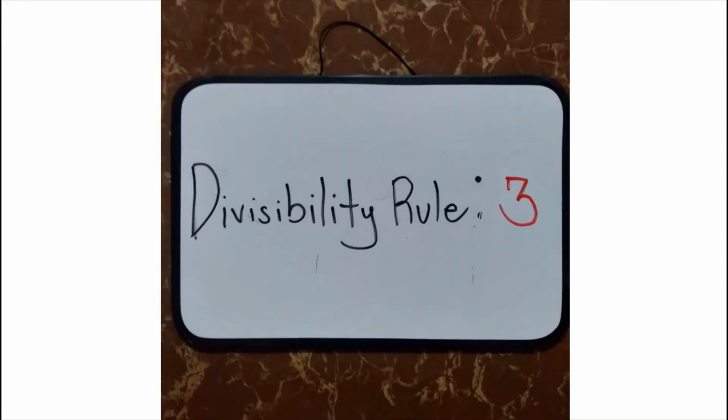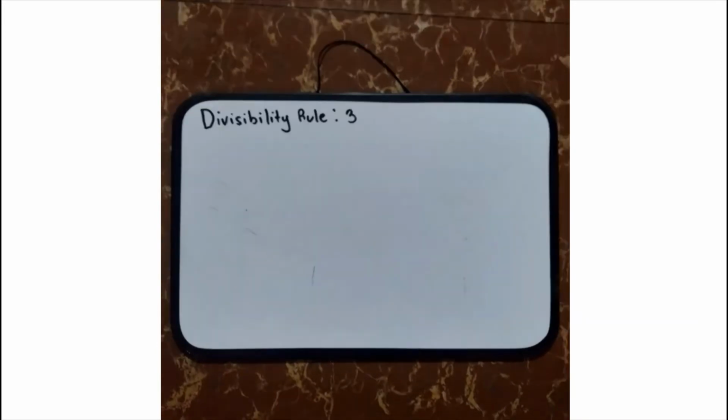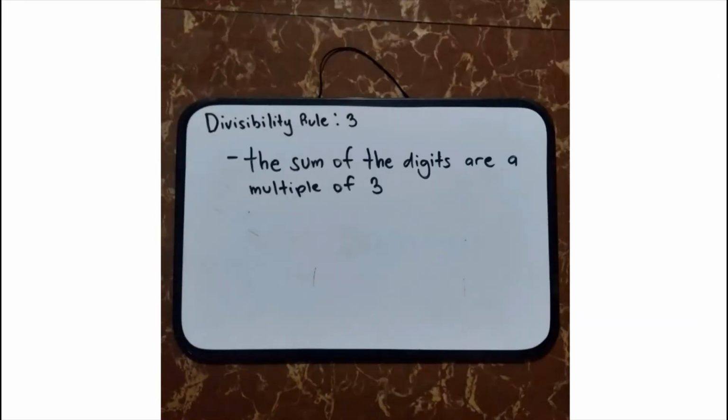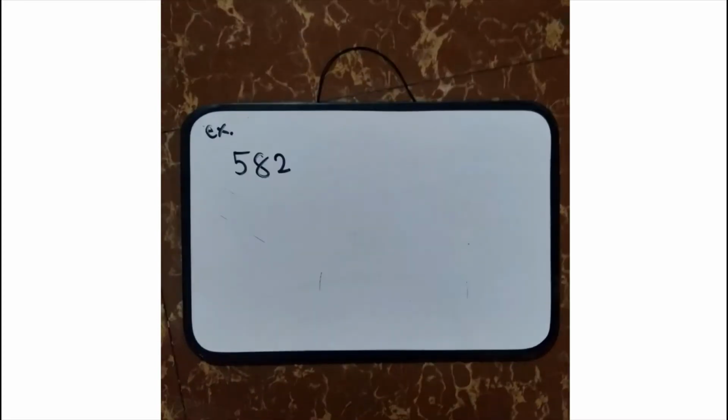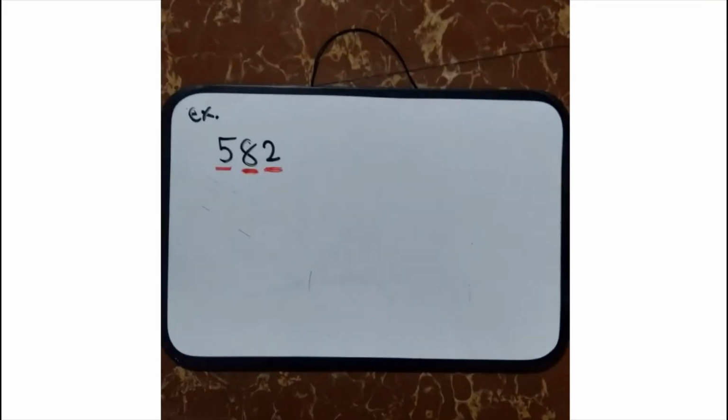Divisibility rule 3. A certain number is divisible by 3 if and only if the sum of the digits is a multiple of 3. For a much better way to understand this, let's have an example. 582. The digits in this number are 5, 8, and 2.